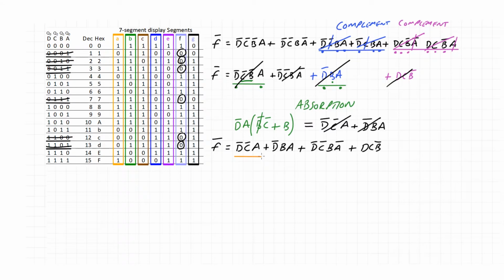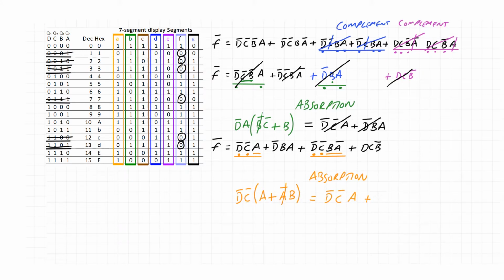There's more that we can do. The first and third terms now have common factors of not D and not C. And we've got A or not A B, and that is the absorption law again. So we've got not D, not C into literally A or not A B, which is the way that we learn the absorption law. So the not A is the imposter, so we get rid of the not A and then multiply out again.